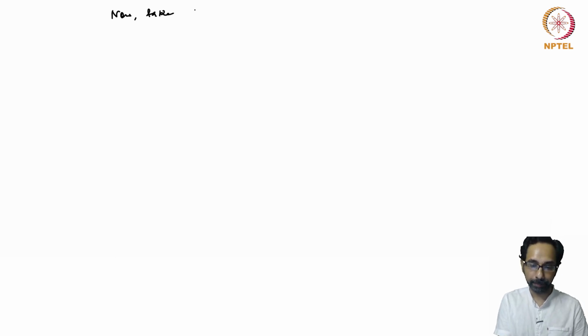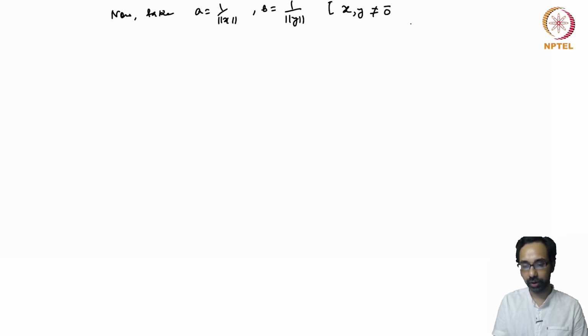So now take a equals 1 over the Euclidean norm of x, b equals 1 over the Euclidean norm of y. Here we have to assume that x and y are non-zero vectors, because otherwise the Euclidean norm is 0 and then a and b are not defined.